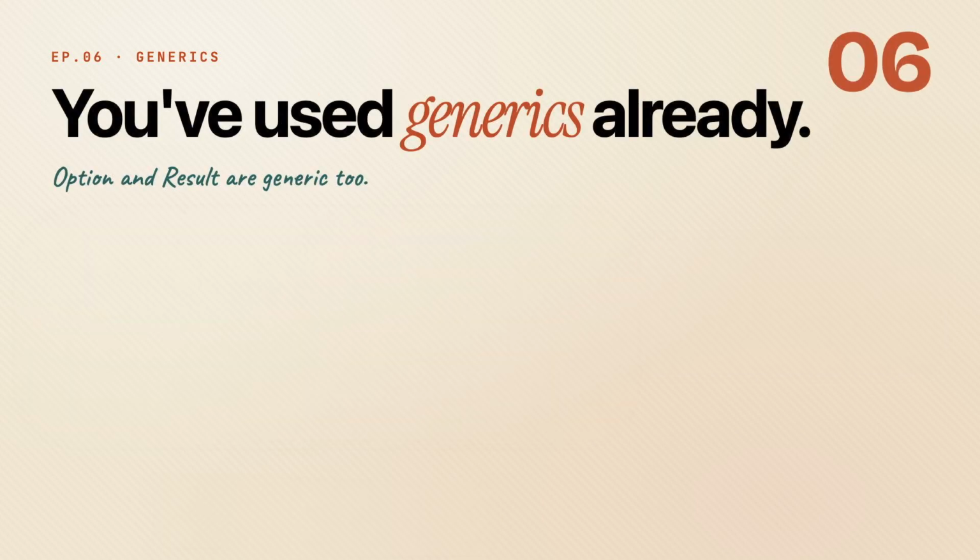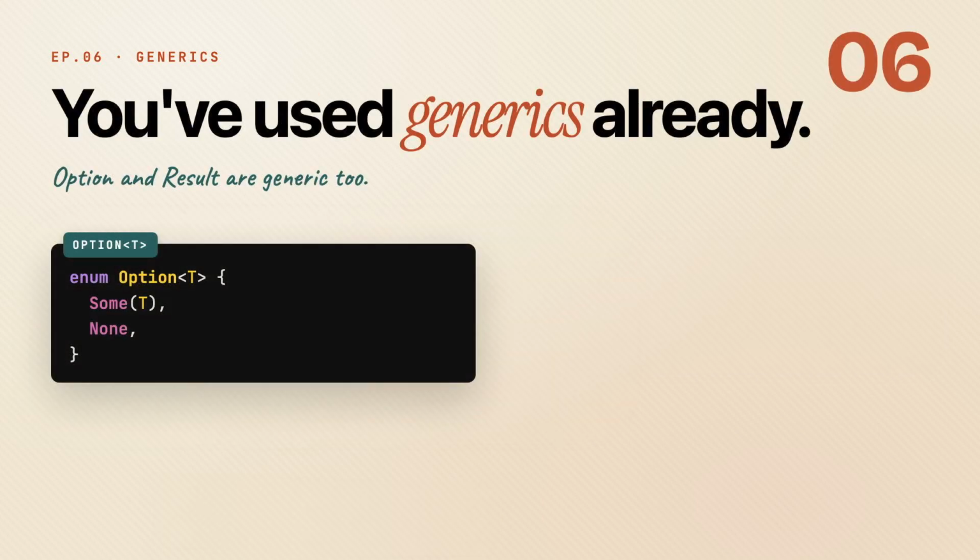The part that you're gonna really like, because you have been using generics this whole time, like from the last video, which is Option. It carries one type parameter, T, and T is whatever the value is, where the value might be there or might be missing: Some of T or just None.